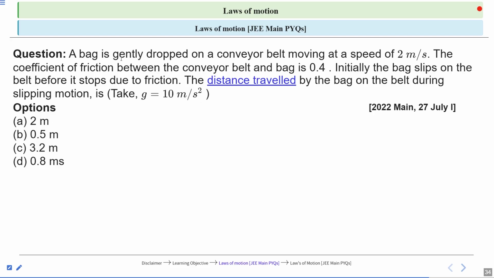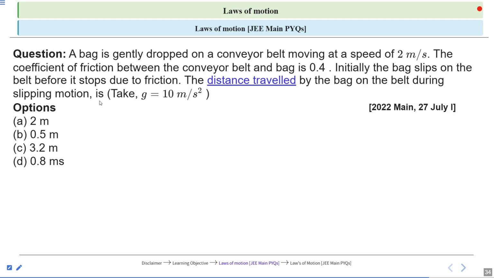A bag is gently dropped on a conveyor belt moving at a speed of 2 meter per second. The coefficient of friction between the conveyor belt and the bag is 0.4. Initially, the bag slips on the belt before it stops due to friction. The distance traveled by the bag on the belt during slipping is what?